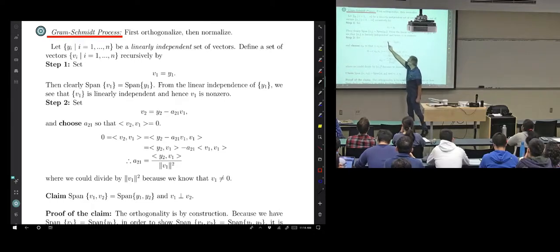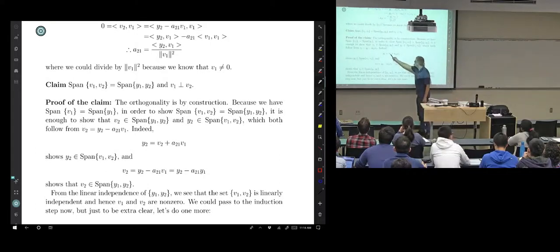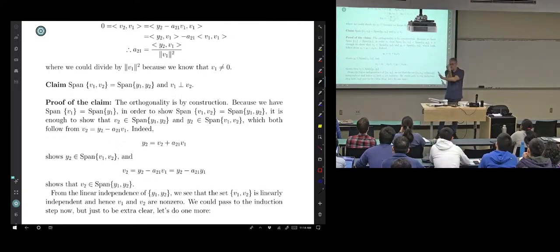Bring this on the other side and write y2 as v2 plus this, and you've got it written as this equation. So y2 is in the span of here, and v2 from this equation is in the span of here. So recursively, I've got y1, y2 like this. Now I've got v1 and v2 in the same subspace.